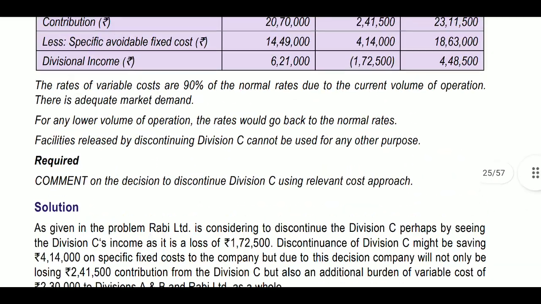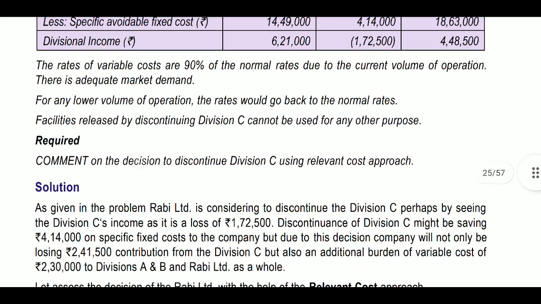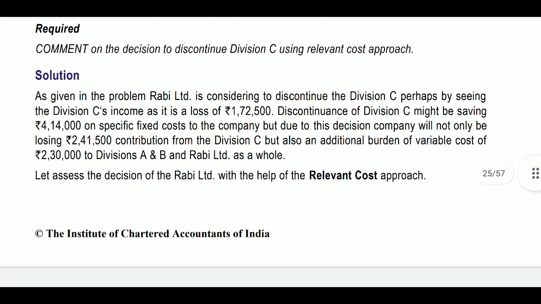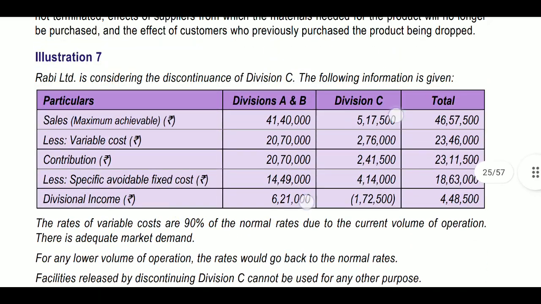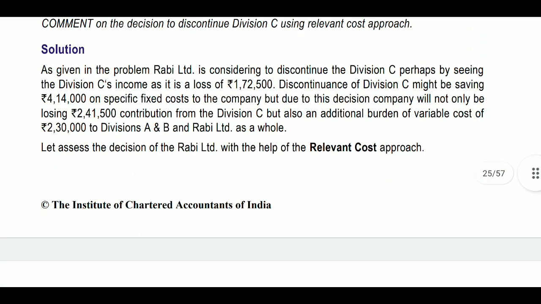If we close this division C, we will save the fixed cost related to specific avoidable fixed cost, 4,40,000. Next, on the specific fixed cost of the company, due to this decision we will be losing 2,41,500. So this contribution we will lose by closing this. Not only this contribution, but also the additional burden of variable cost of divisions A and B.